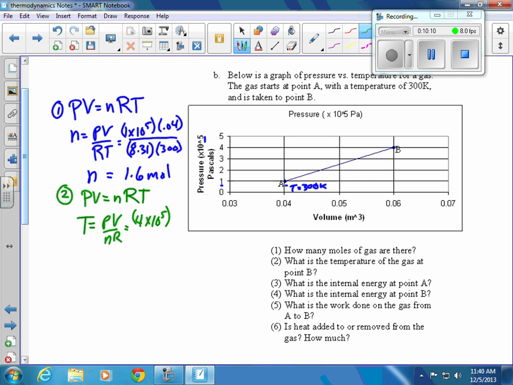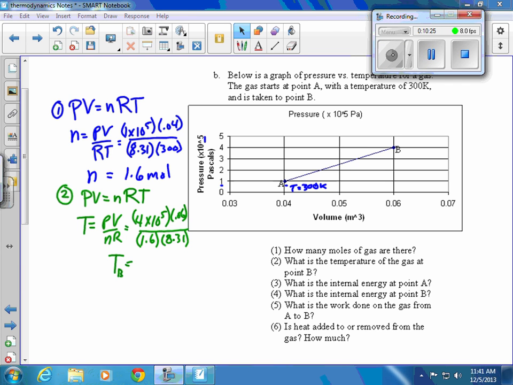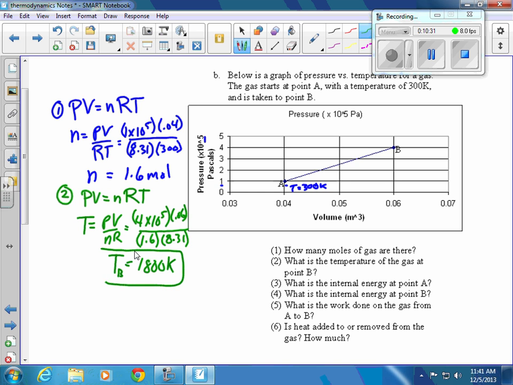The volume is 0.06, divided by n, which is 1.6, and R is 8.31. When I do that, I get a temperature at B of 1800 Kelvin. So that's the temperature at point B.